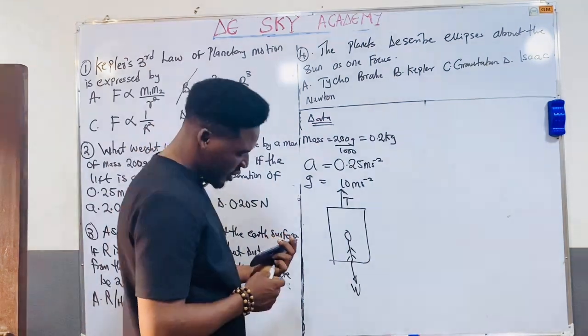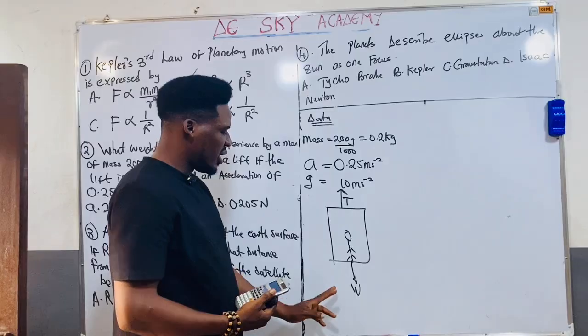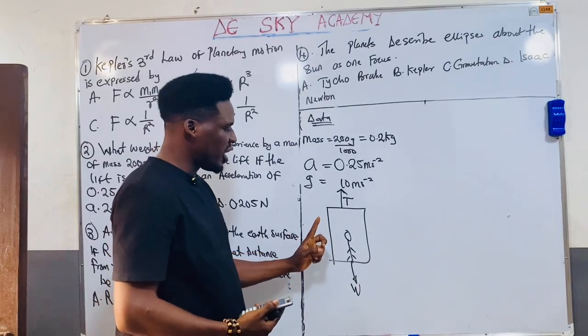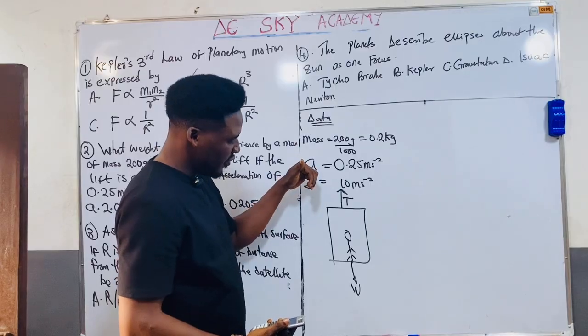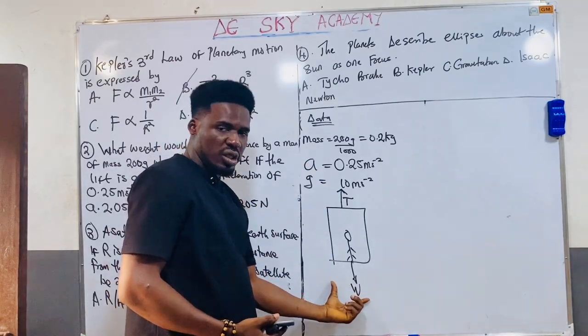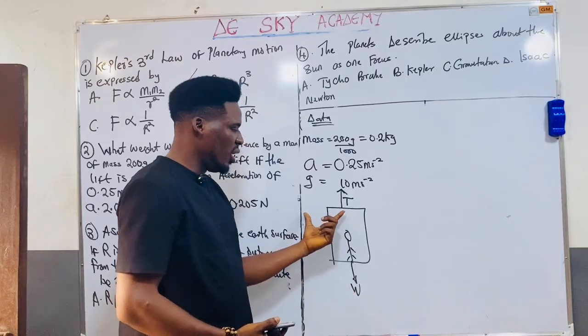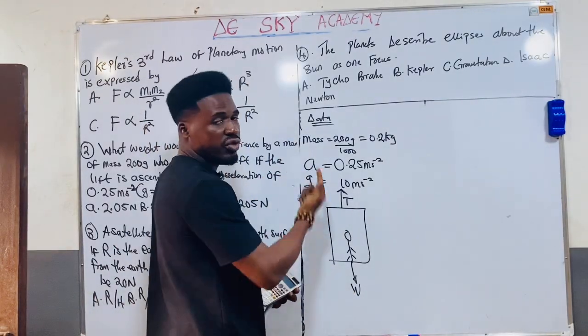So I have two forces acting here. Number one is a force pushing the lift up, and a force acting downward, which is the weight. But guess what? Is the lift moving up or moving down? The lift is actually moving up.